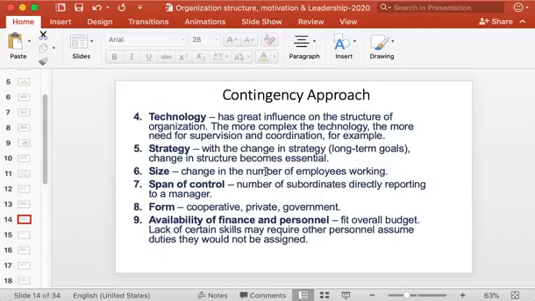Similarly, organization structure may need to be changed depending upon the change in the number of employees working.